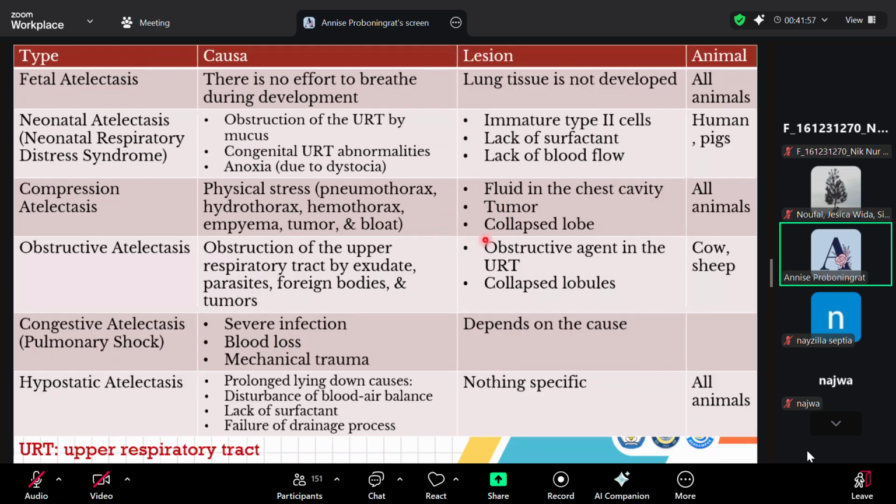The lesions are fluid that can be found in the chest cavity, tumor, and collapsed lobe. And then the obstructive atelectasis is caused by obstruction of the upper respiratory tract by exudate, parasites, foreign body, and tumors.